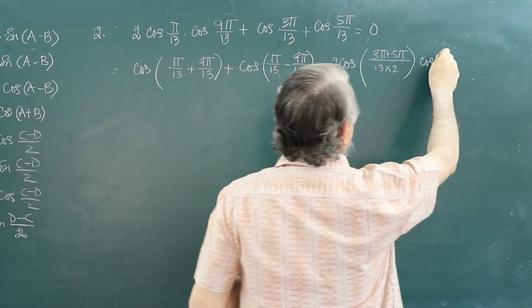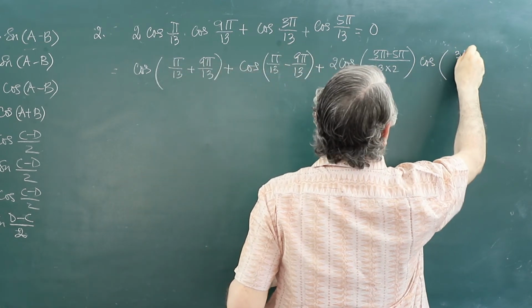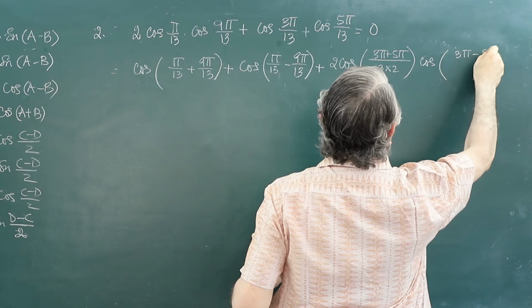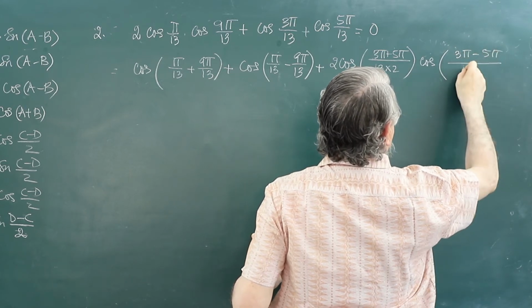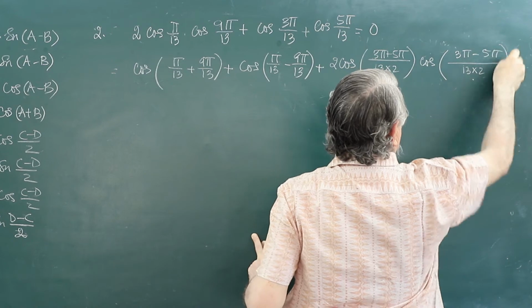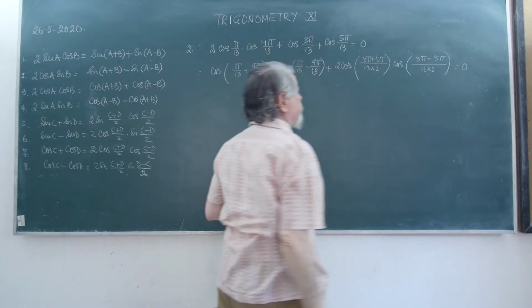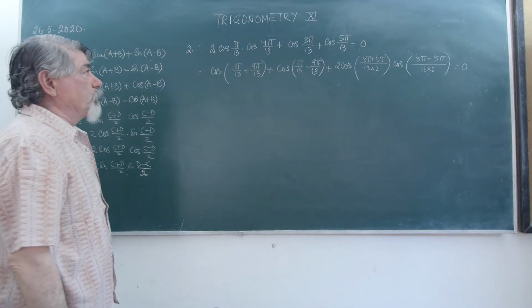Let us apply this, let us see what do we get. (3π minus 5π) upon 13 into 2 is equal to 0. We have to prove it equal to 0.